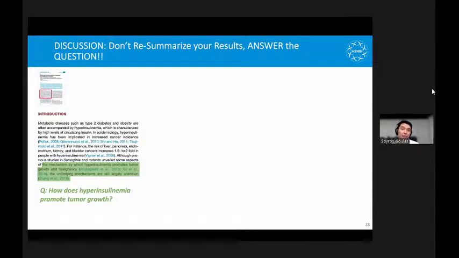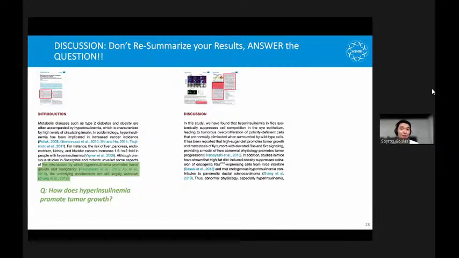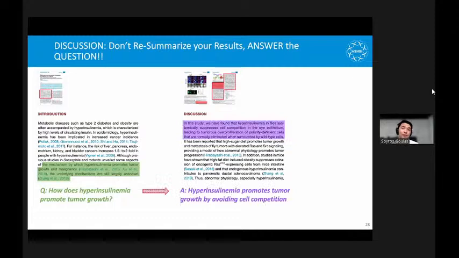If we go to our case study, going back to the first paragraph of the introduction where there's the central question, and now to the first part of the discussion, which is shaded in red and enlarged below, you can see in response to the question, how does hyperinsulinemia promote tumor growth? The authors provide the answer, which fully satisfies this question by stating essentially that hyperinsulinemia promotes tumor growth by avoiding cell competition.